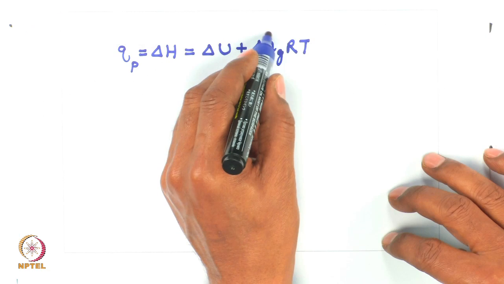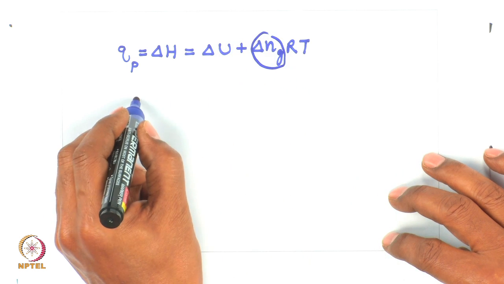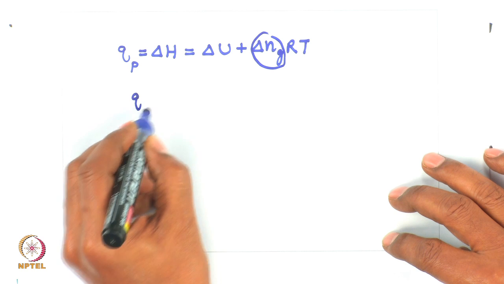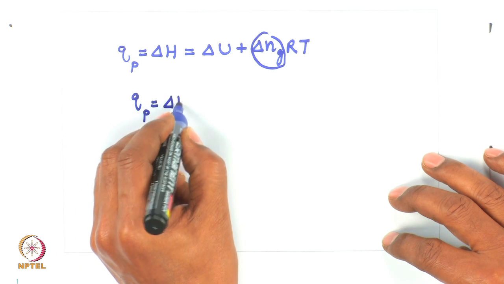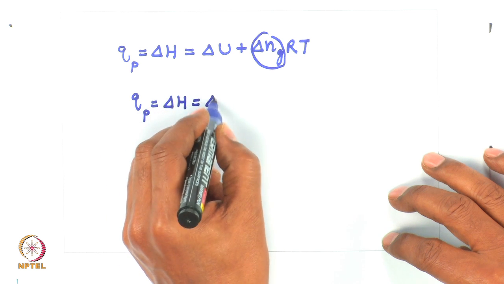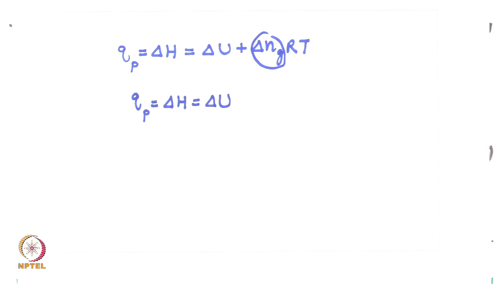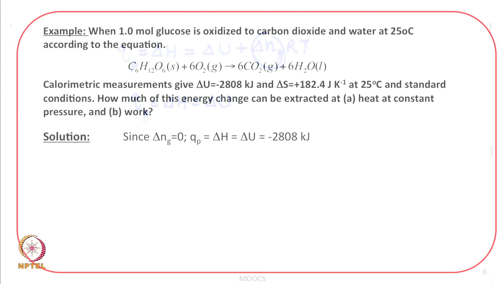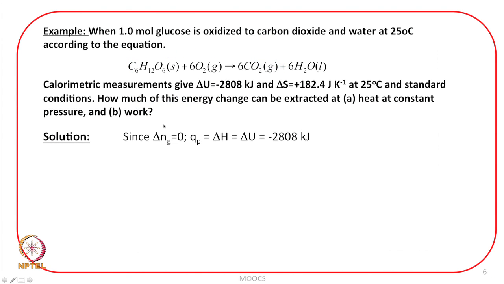Since delta Ng is equal to 0, Qp is the same as delta H and it is the same as delta U. Let us take a look at the slide. Since delta Ng is equal to 0, the heat at constant pressure is equal to minus 2808 kilojoules, that is the value of delta U which is given to us.